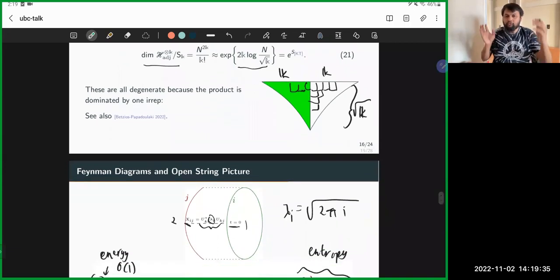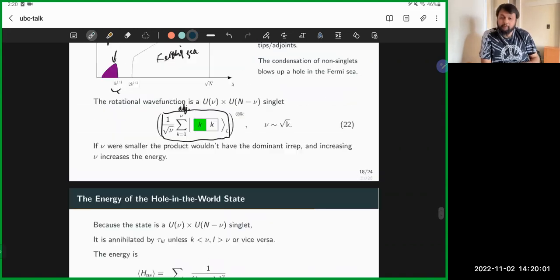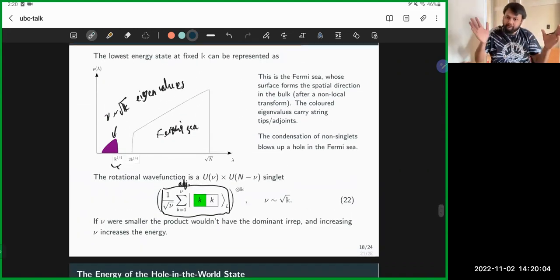So if you try to squash nu to a smaller value, you'll find a cutoff guy like this, which Olga and Panos do find in the low temperature phase, which we don't consider. But we want to allow the dominant irrep to turn up, so we allow nu to be root k. Of course, it could be bigger, but it turns out that when you make it bigger, the energy increases. So this is a sweet spot where you allow the dominant irrep, but don't allow too much energy.